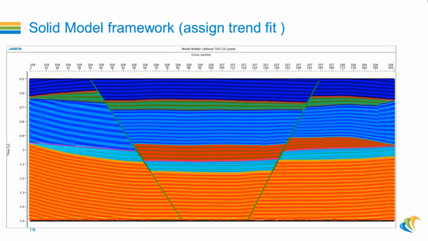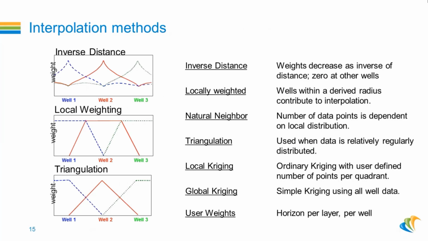So that's just 2 examples of changing the framework table, and you can very easily think of more things to do with this framework building. Now, the interpolation methods are also important. All the interpolation methods, if you're using well control or you're using control points, are based on distance towards those control points.